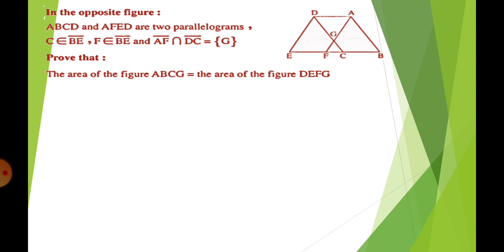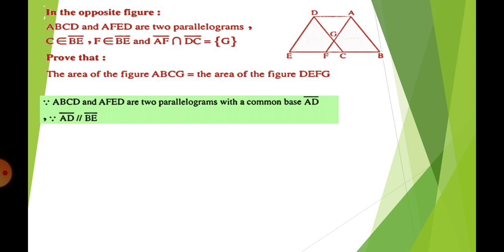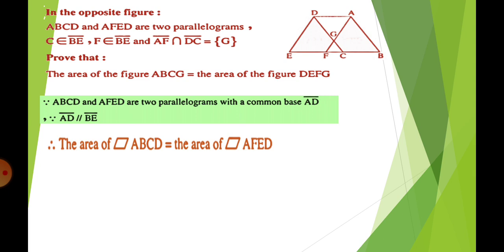Another way: ABCD and AFED are two parallelograms with the common base AD and AD parallel to BE. Then we can write the area of the two parallelograms are equal. Then area of ABCD equals area of AFED.